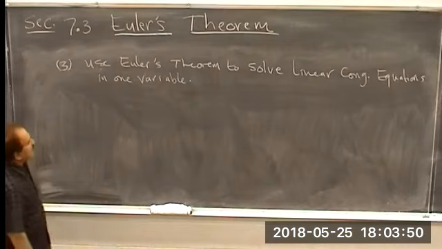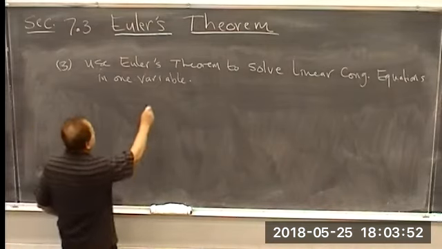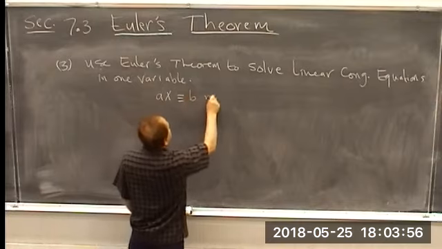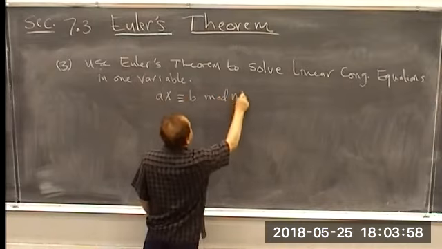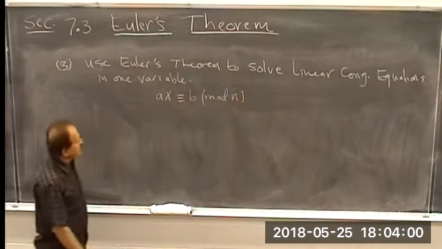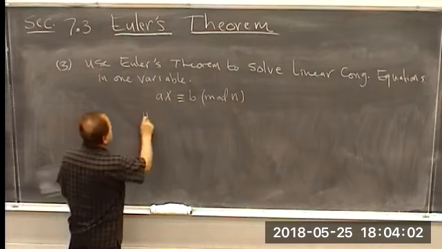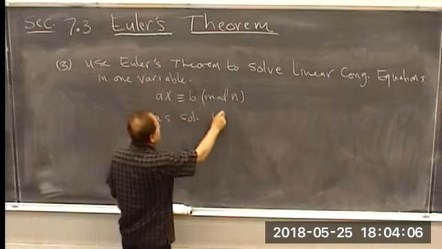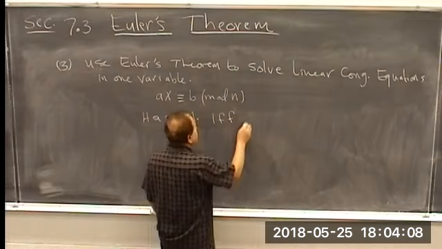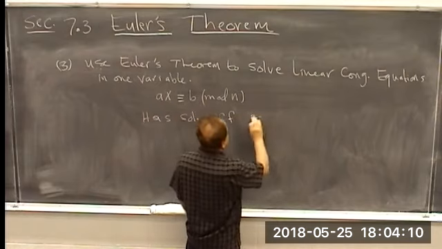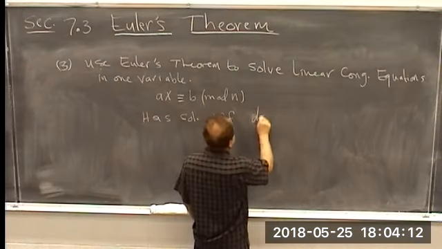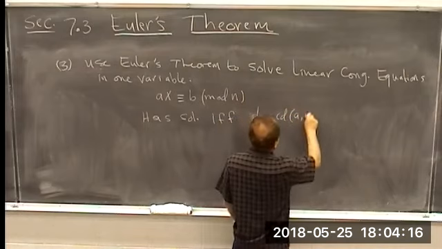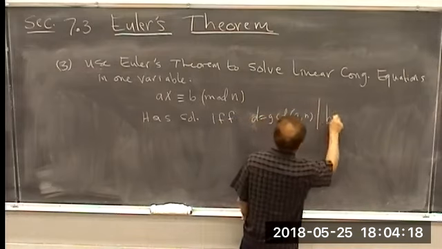All right, now remember a linear congruence equation is an equation like this. And we also know that this has a solution if and only if d, which is the greatest common divisor of a and n, divides b.